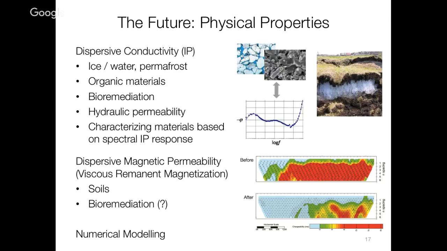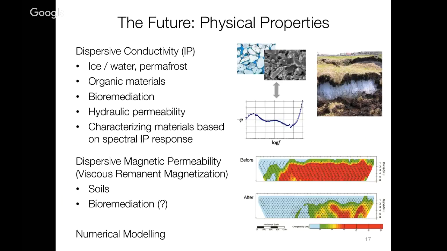Dispersive properties. We talked a little bit about IP, but I think we're just seeing the tip of the iceberg at this point, as far as the use. There's been a lot of work on trying to use this for characterizing rocks, especially for mineral exploration.